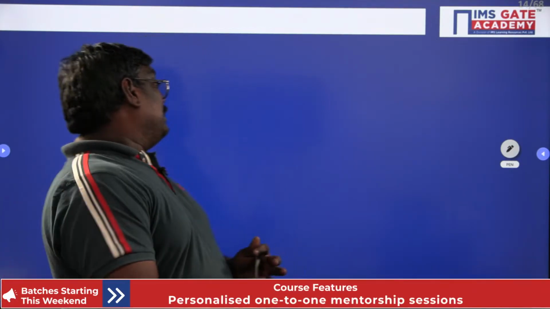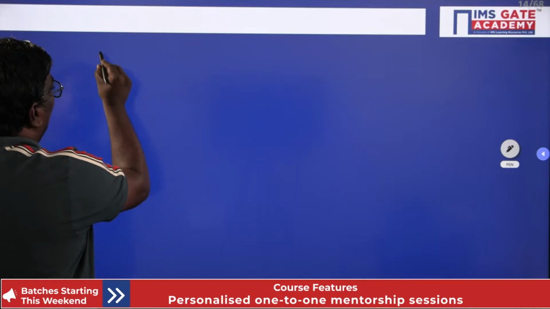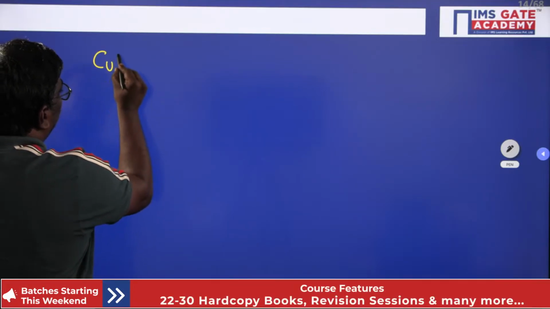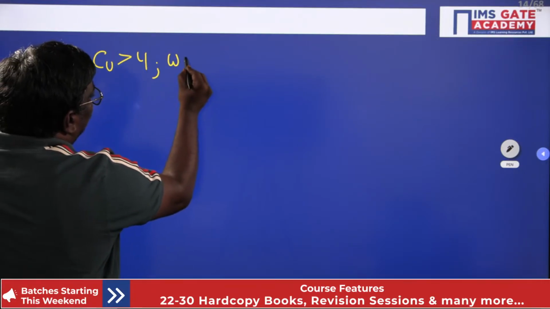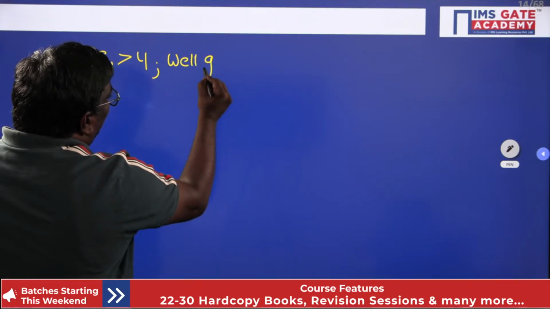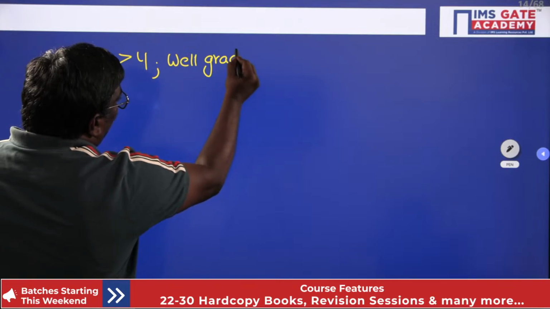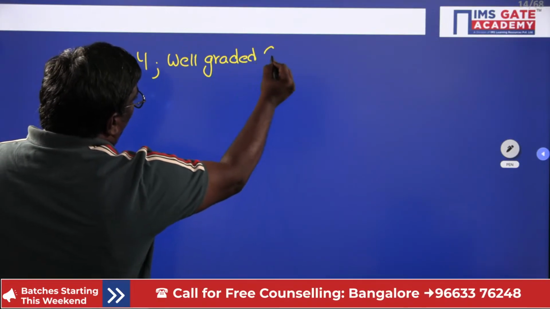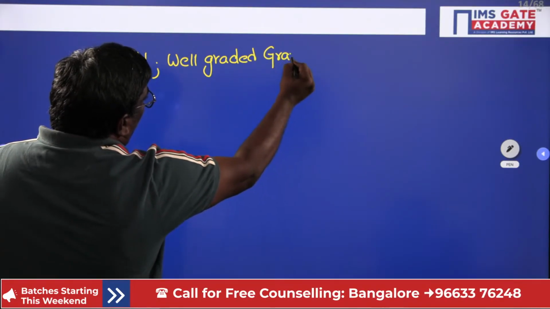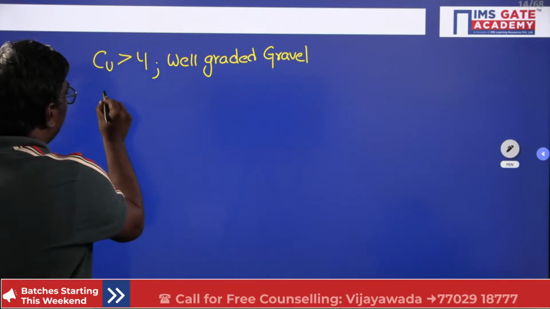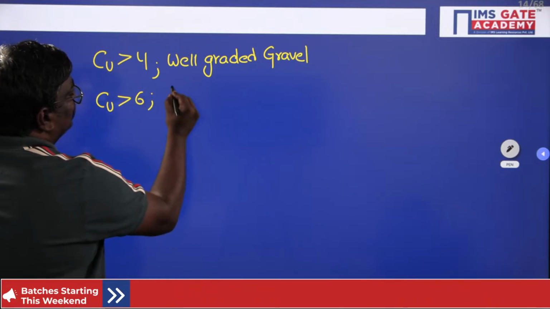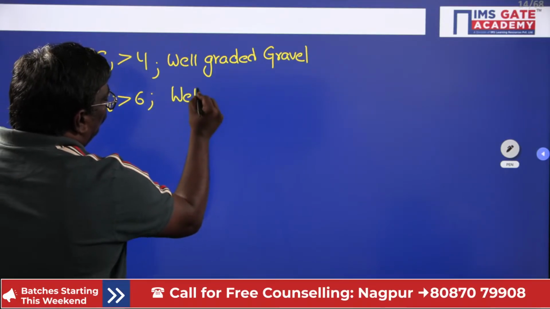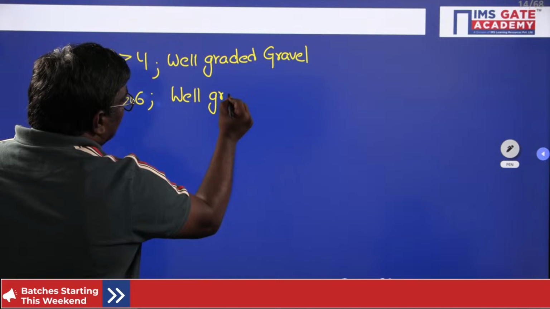Now, my dear students, as I already told you, if Cu is greater than 4, we call it well-graded gravel. And remember, my dear students, if Cu is greater than 6, then it is called well-graded sand.